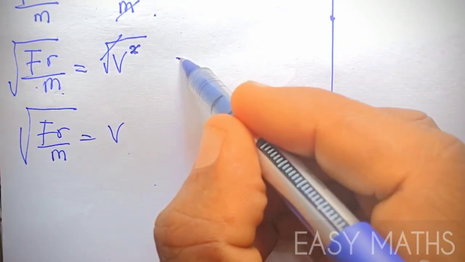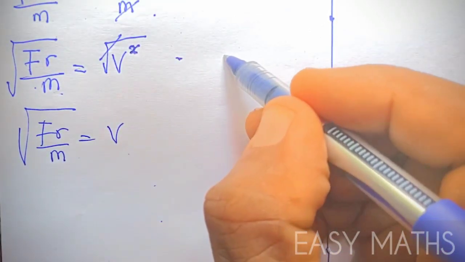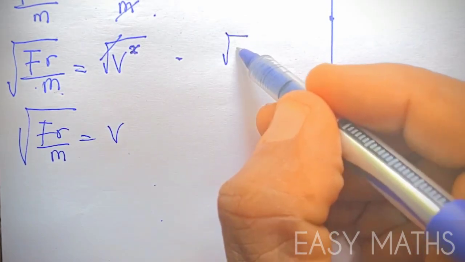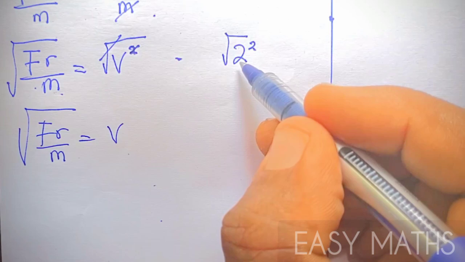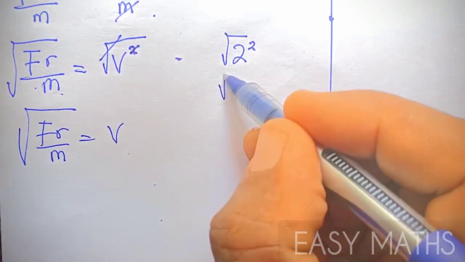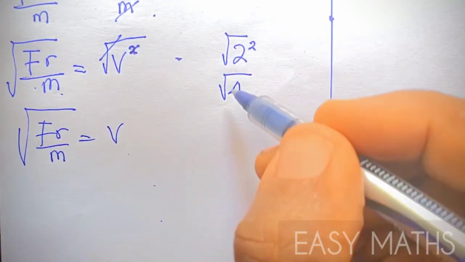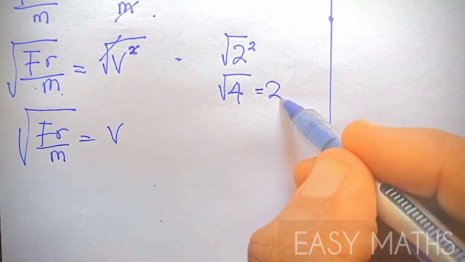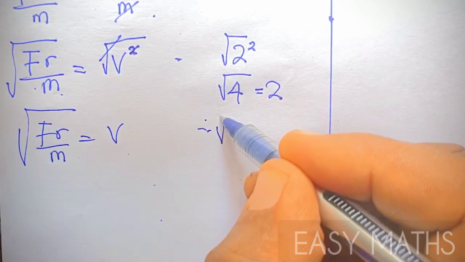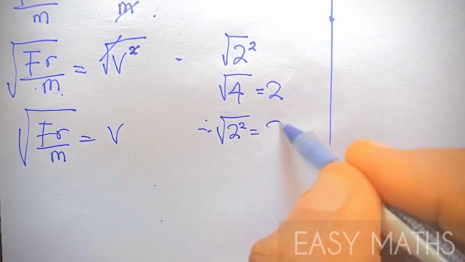Now let me explain this. For instance, I have square root of 2 squared. Okay, remember that 2 squared is 4. Is that okay? And the square root of 4 is 2. So therefore you can see that the square root of 2 squared is 2.